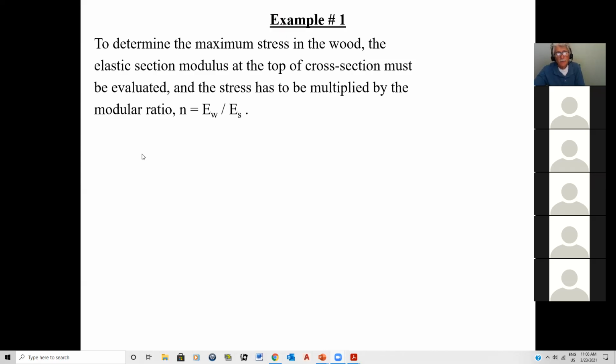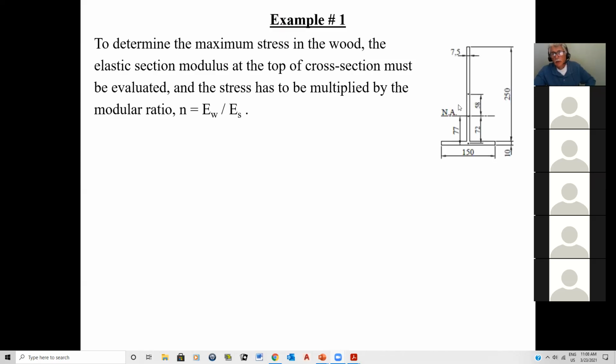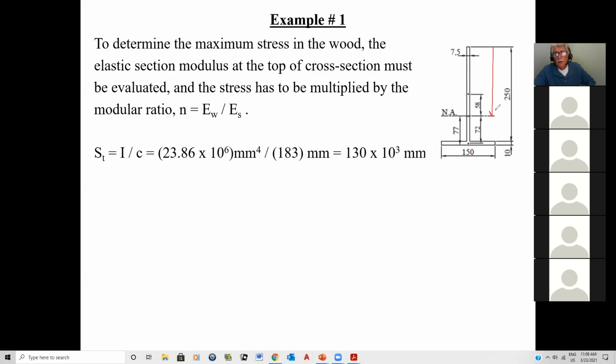So now the section modulus at the top would be the I over C with respect to the top. All of a sudden this becomes 1. In other words, it's 235 minus 77 that gives you the value here. So 183. I should have put it on my diagram. The distance from here to here should be 183 if I didn't make a mistake in my calculations.